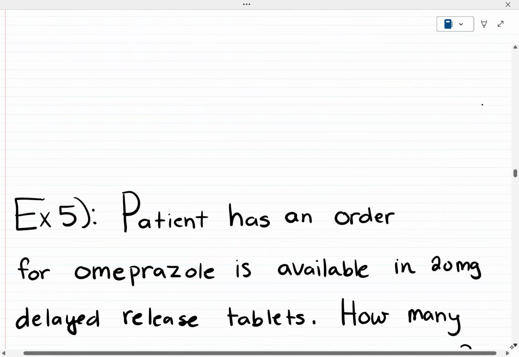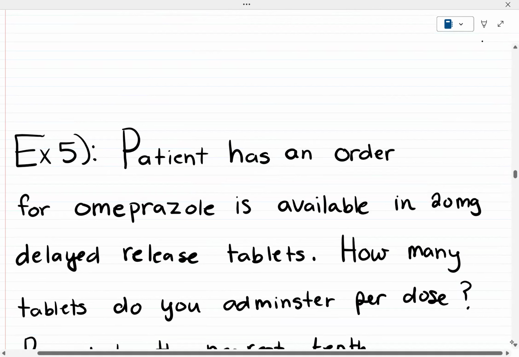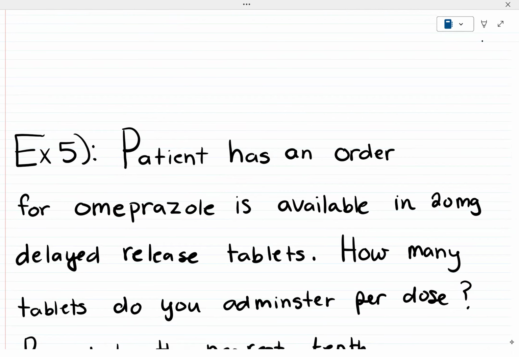Okay. Example 5. Patient has an order of the drug omeprazole. I have no idea what that is, available in 20 milligrams delayed release tablets. How many tablets do you administer per dose, round to the nearest tenths?